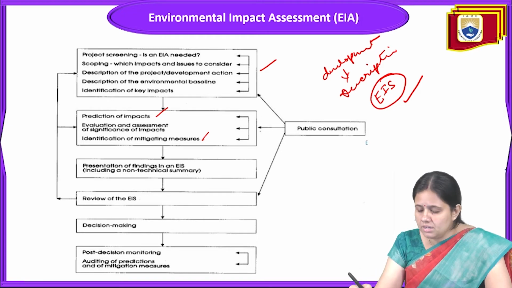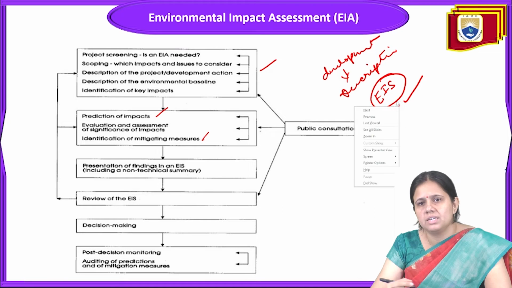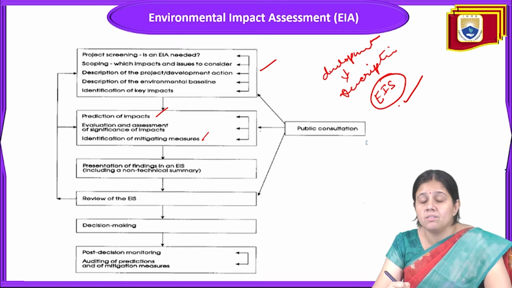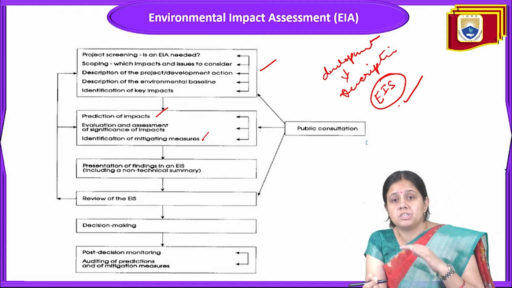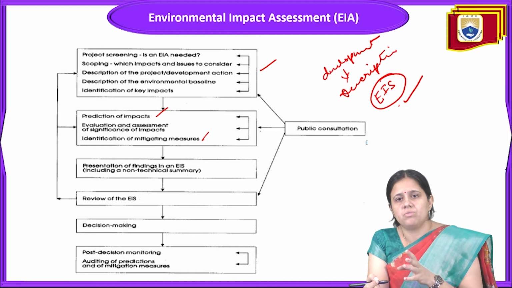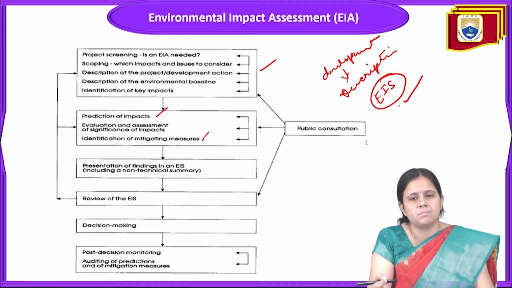And now the next step is the review of the EIS. Then after decision making, one more step is there, that is post-decision monitoring, meaning they will do the monitoring after the decision and auditing of predictions and of mitigation measures.